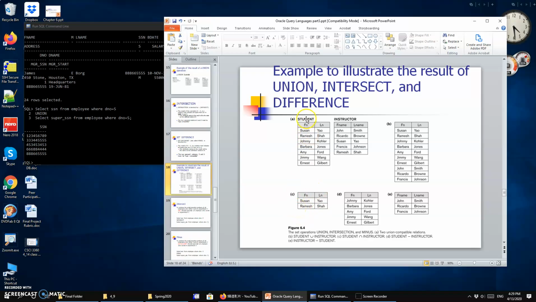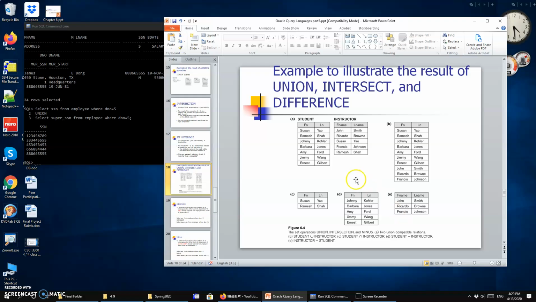However, if we use student minus instructor, it will generate different results from instructor minus student. And instructor minus student is actually the table over here, because in instructor there are 5 people over here, and then you take away those that appeared in the student table. So Susan will be taken away, and then Ramesh will be taken away. So you will end up with only 3 people in the operation.